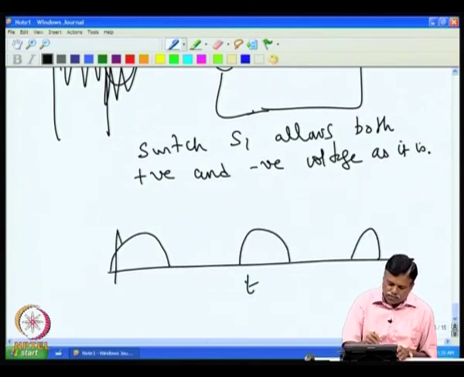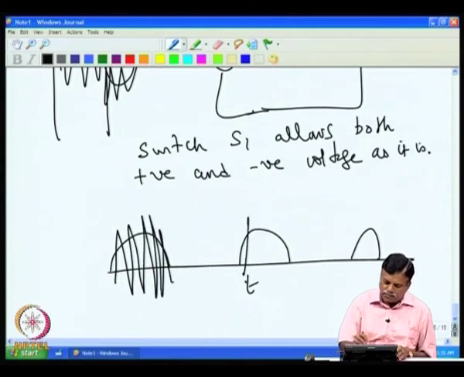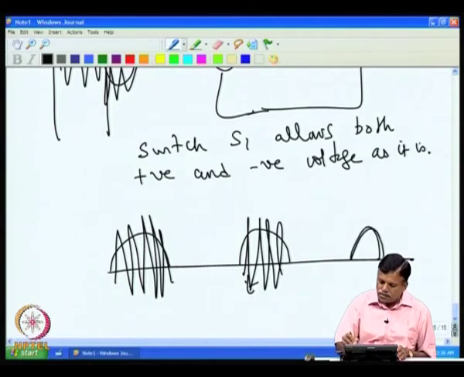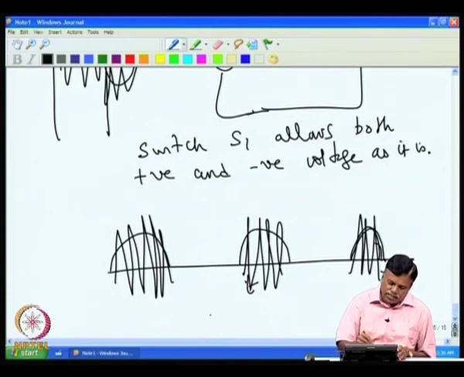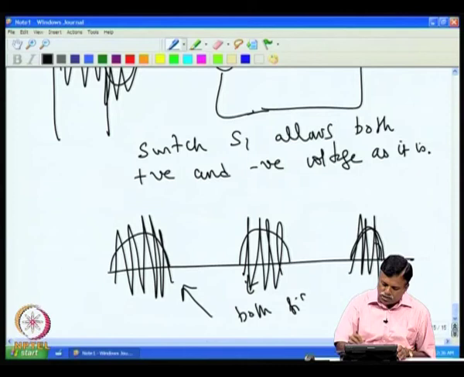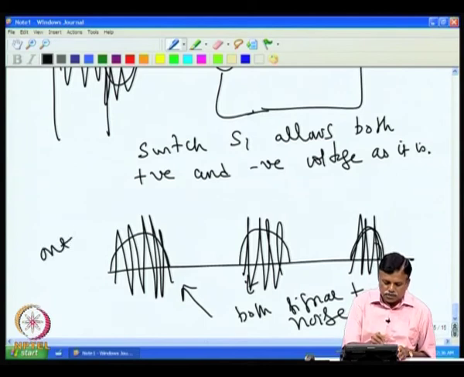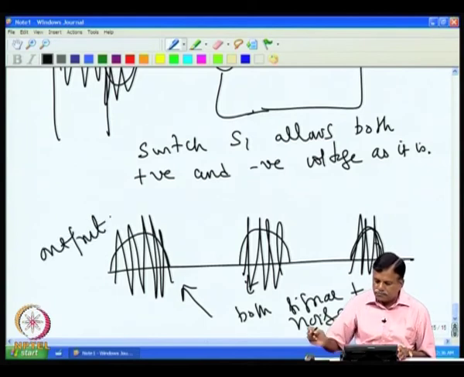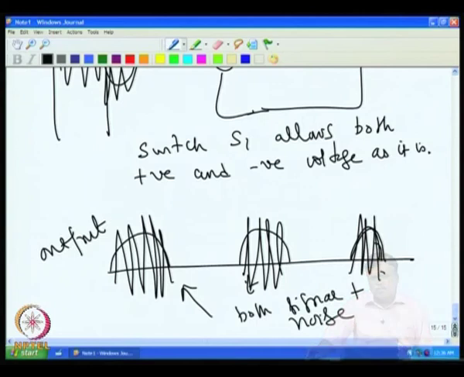During this time whatever signal and noise is there also comes along. So, signal plus noise is the output voltage. Both signal as well as noise appear at the output.